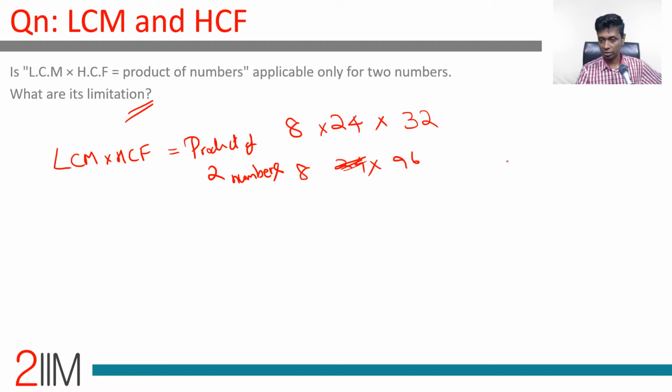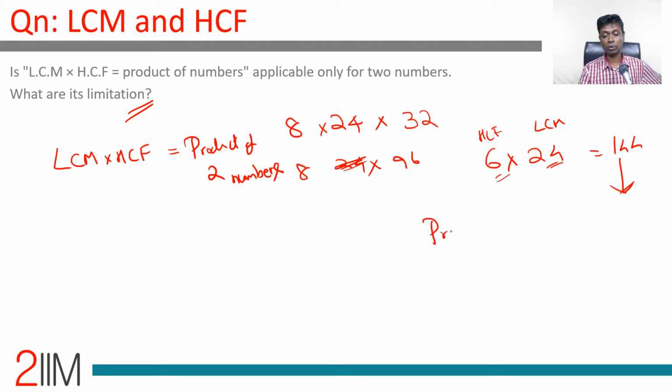If there are two numbers, and so 6 into 24, 6 is HCF, 24 is LCM, the product is 144. This does not mean any two numbers multiplying to 144 can have HCF and LCM as 6 and 24. That's not possible. So if you're told that the product of two numbers is 144, then any two numbers that multiply to give 144 cannot necessarily be HCF and LCM.